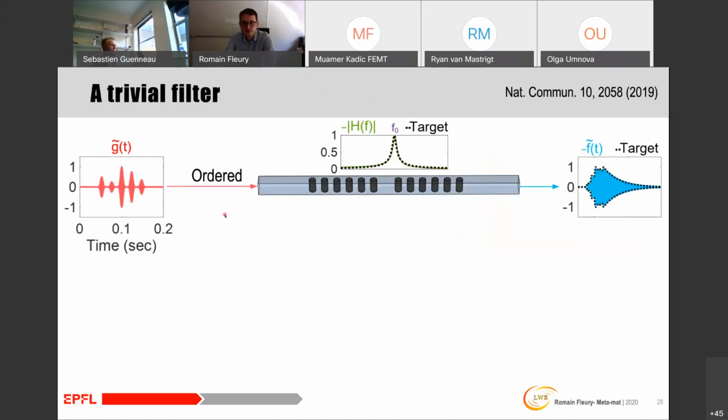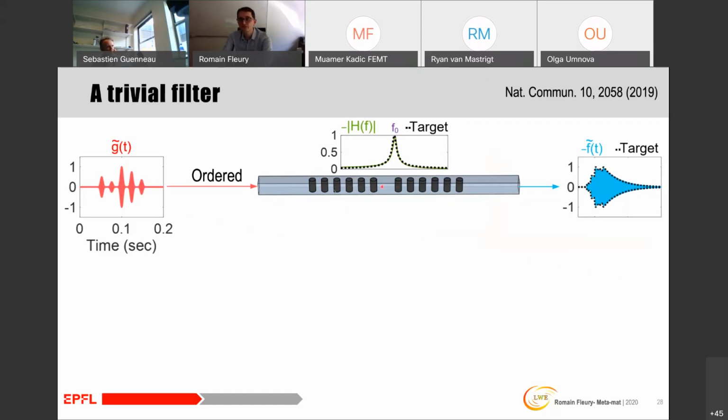So just as a reference case, I start with a trivial filter. So a filter that is not based on topology. So I want to filter a time signal, like a train of pulses like this, with a Lorentzian transfer function. I can do this by putting some scatterers and creating this Lorentzian by including a Bragg defect here. So this is a Bragg crystal and I have a defect.